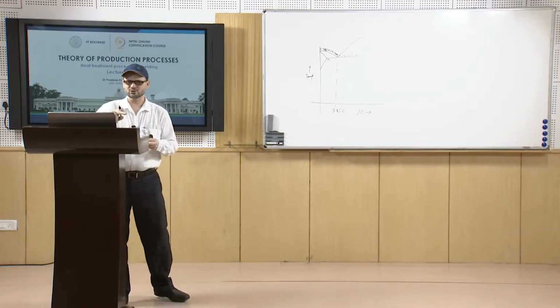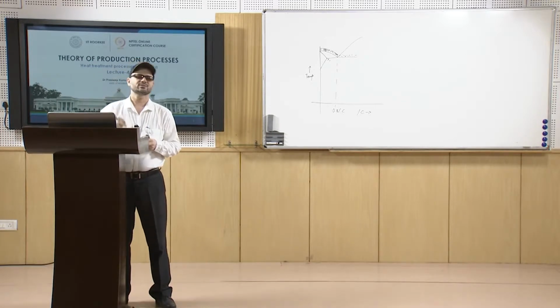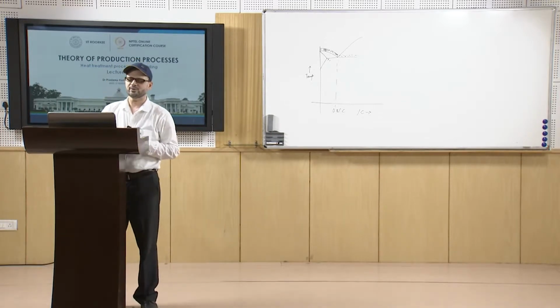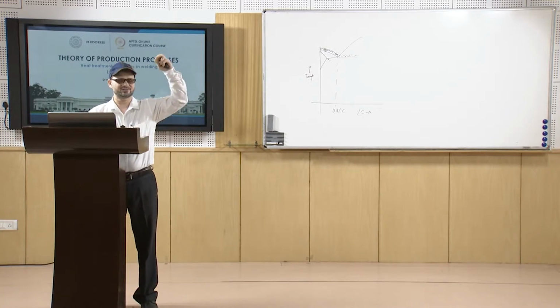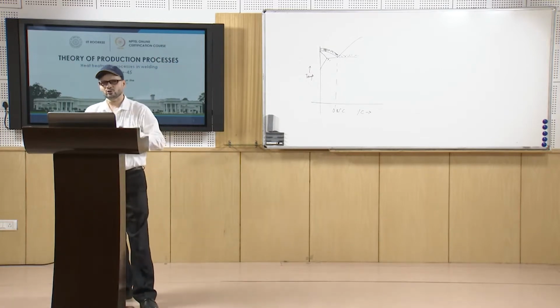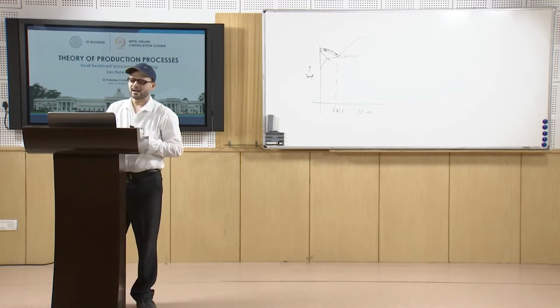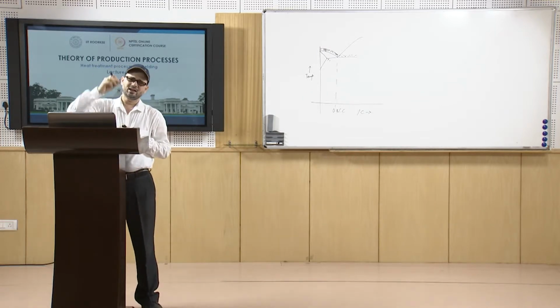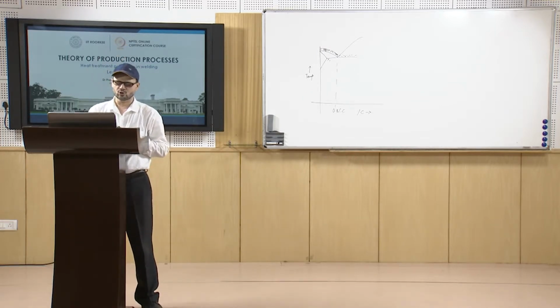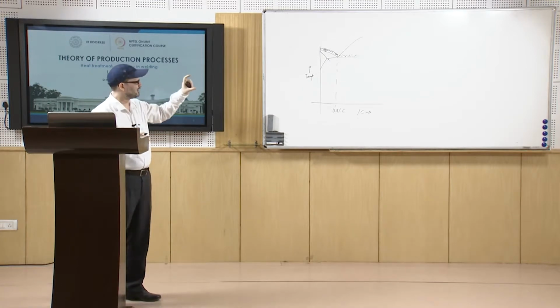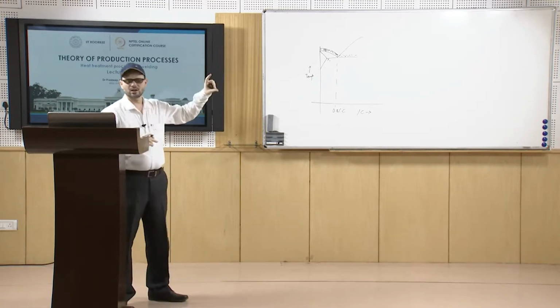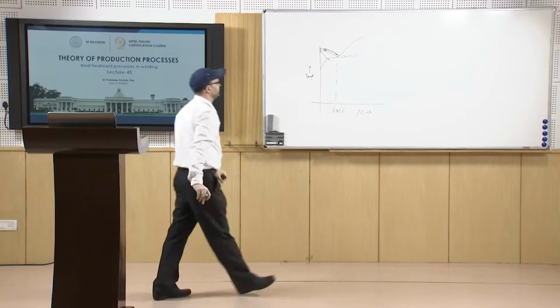So, you first heat up to a temperature of more than about 900 degrees centigrade, and then you are holding there, and then if you are cooling slowly in the furnace itself to the room temperature, then it is known as full annealing.